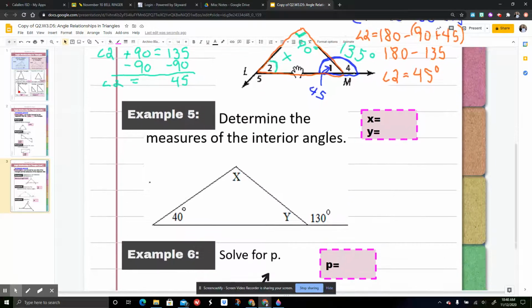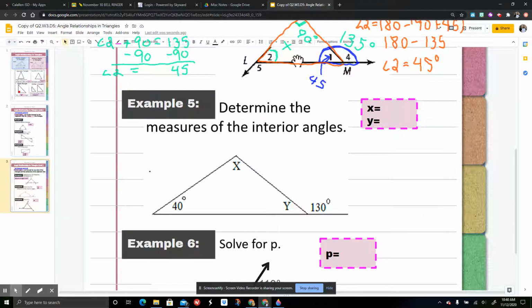Example 5, determine the measures of the interior angles. And again, this can be worked two different ways. For angle Y, this right here is a straight line, and the measure of a straight line is always 180. So if Y plus 130 equals 180, we can find angle Y by doing 180 minus 130. So that gives you 50.